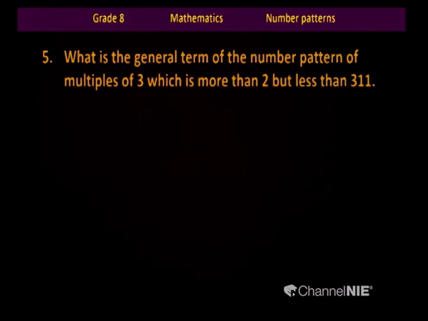What is the general term of the number pattern of multiples of 3 which is more than 2 but less than 311? Here they are asking about the general term of the number pattern of multiples of 3 written in ascending order. By now you know how to get the general term, isn't that so? Therefore, the general term is 3n.